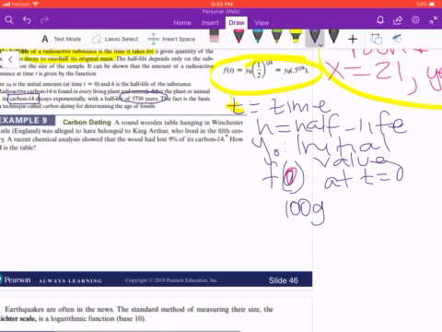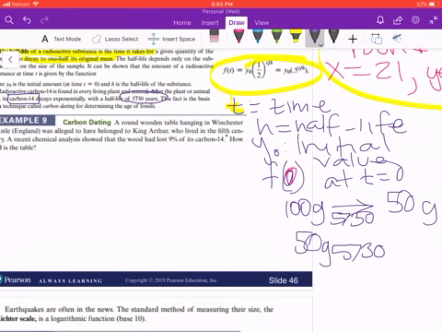So after 5,730 years, it will take 100 grams of carbon-14 to decay to 50 grams. After another 5,730 years, those 50 grams will decay to half of that, so that will be 25 grams.